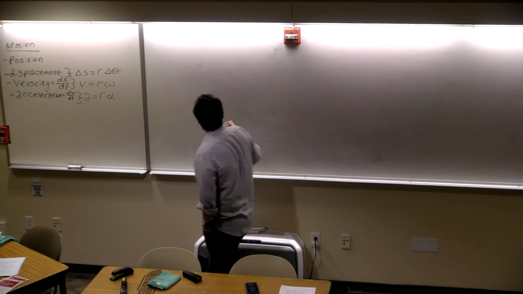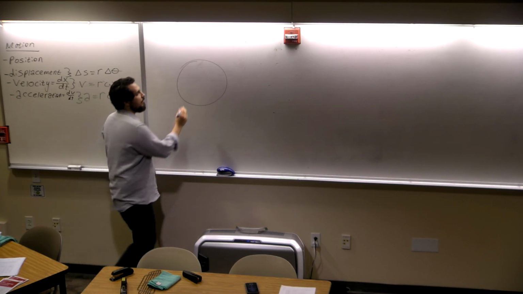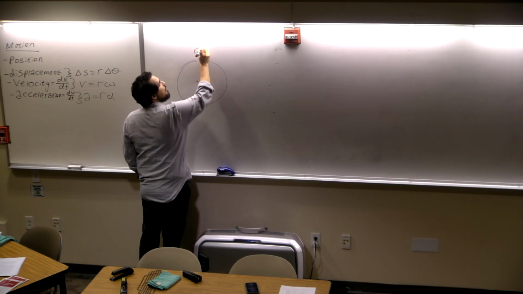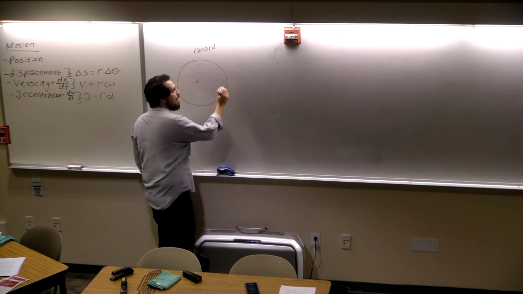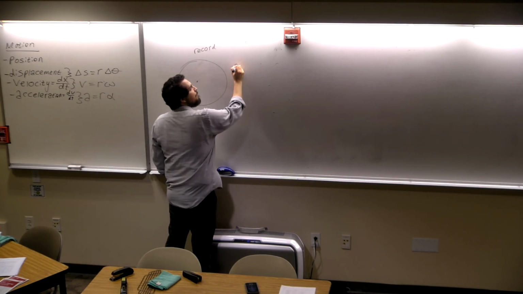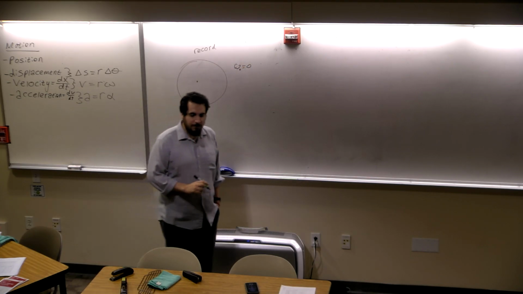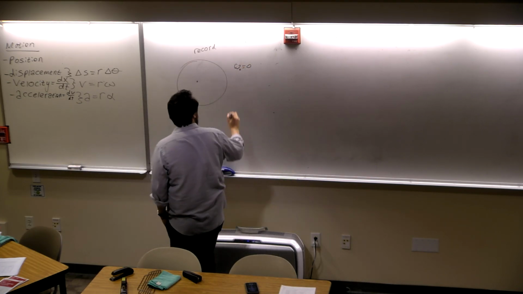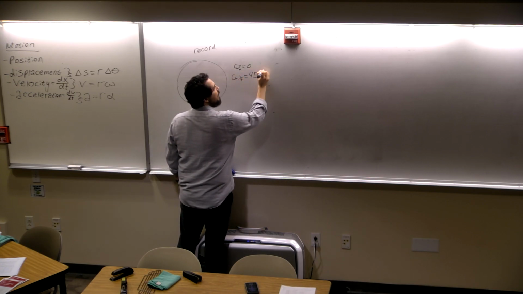Last time we did a question where we looked at a record. We said our record went from some initial angular velocity of 0, and it sped up to 45 rotations per minute.